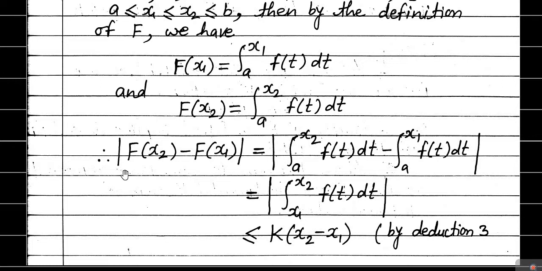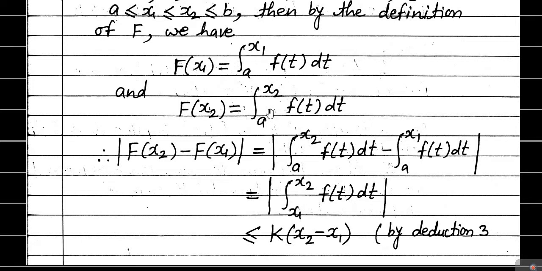Now we have mod of capital F of x2 minus capital F of x1 equal to the mod of the integration from a to x2 of small f of t dt minus the integration from a to x1 of small f of t dt, which is equal to the integration from x1 to x2 of f of t dt.